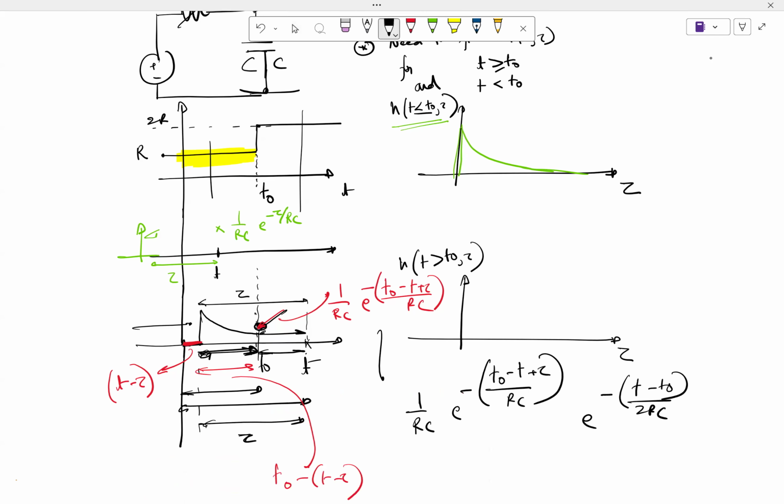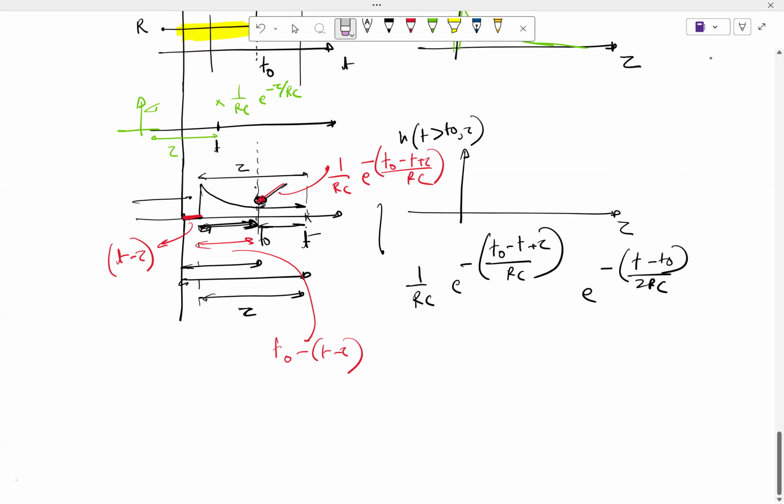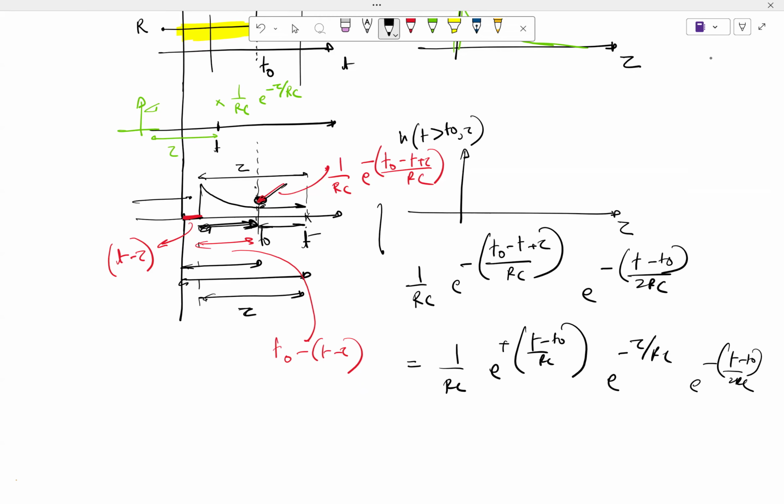By the way, we have some constant times e power minus t over something, right? So if I mark it out, this becomes 1 by RC times e power minus t0, and this is also e power plus (t minus t0) by RC times e power minus tau by RC times e power minus t0 by 2RC.